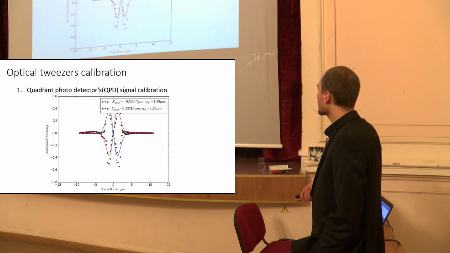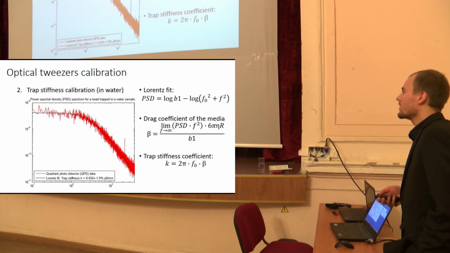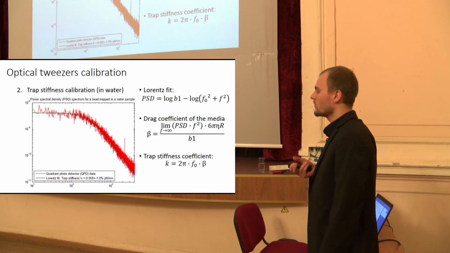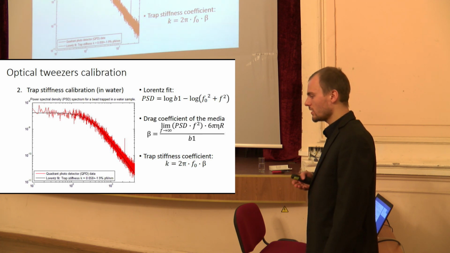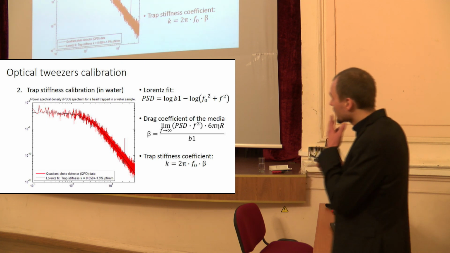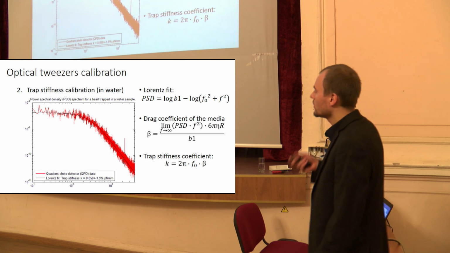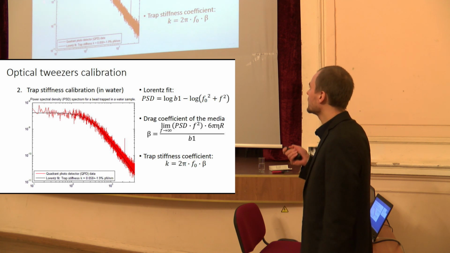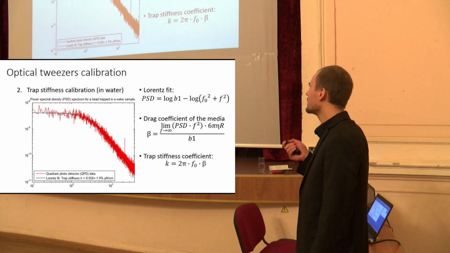The other thing we have to calibrate is the trap stiffness, when the bead is introduced in a well-known medium, for instance in water. We trap the bead, and this is basically the signal that it's giving out.